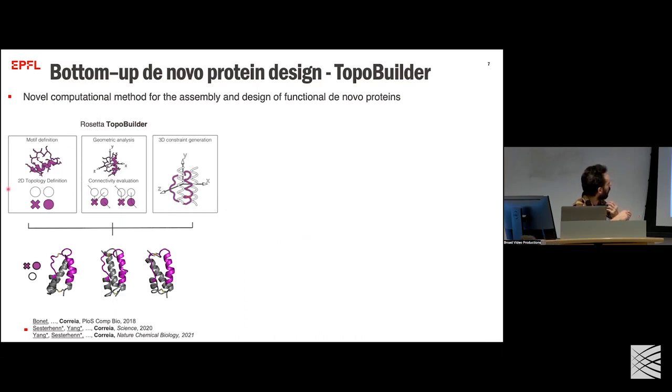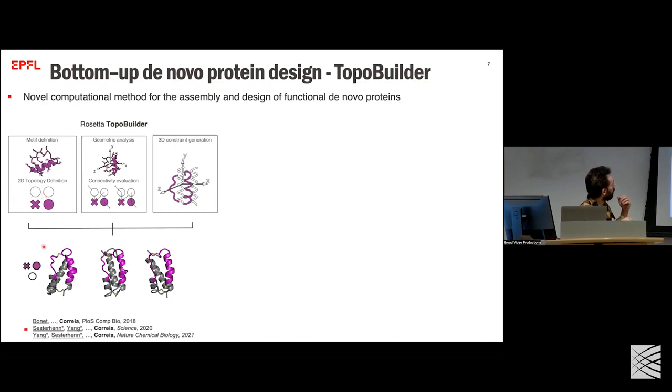Here I'm giving you an example where our idea is, okay, let's say we have a functional site here. For those of you that are a little bit far in the room, this is a segment of a protein which is able to be recognized by another protein. And so we take this as our functional motif. And then we start defining how we can actually build proteins around a particular functional motif.